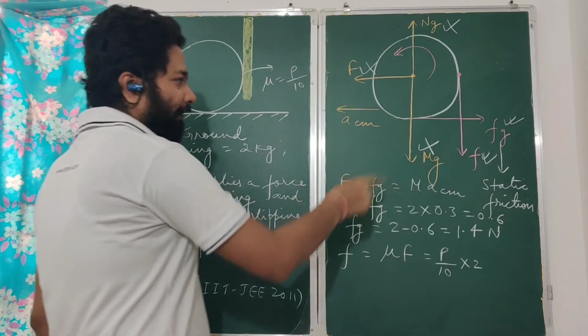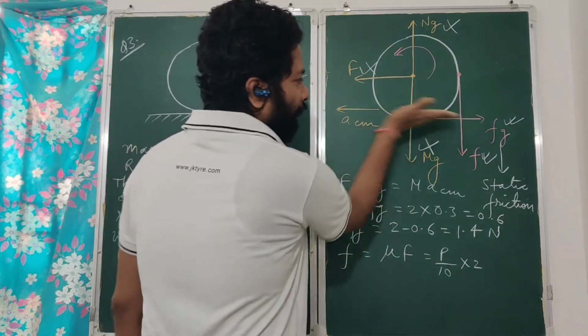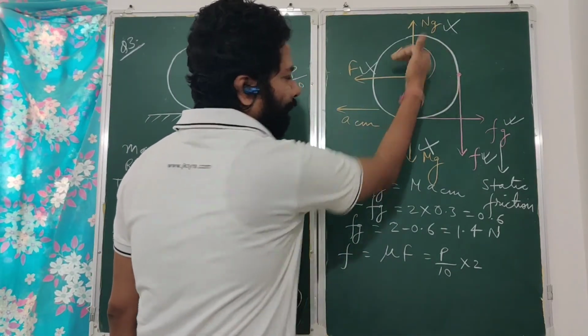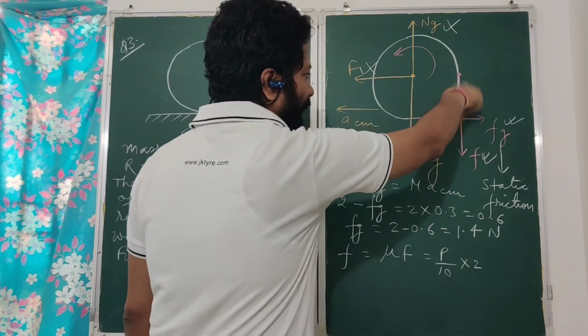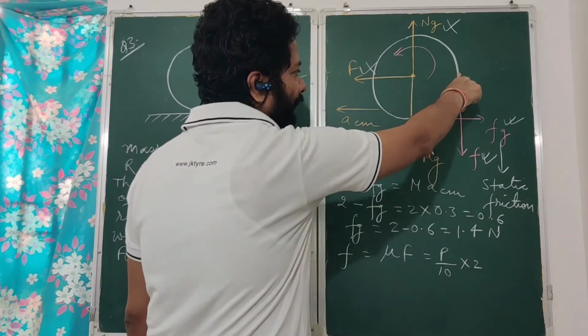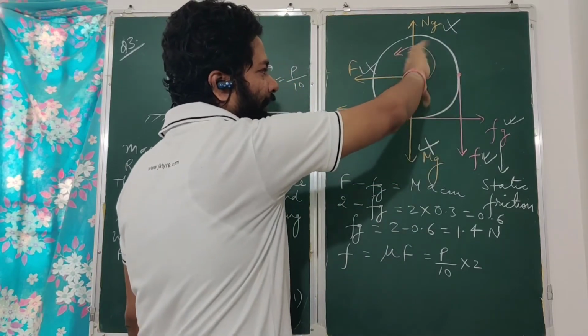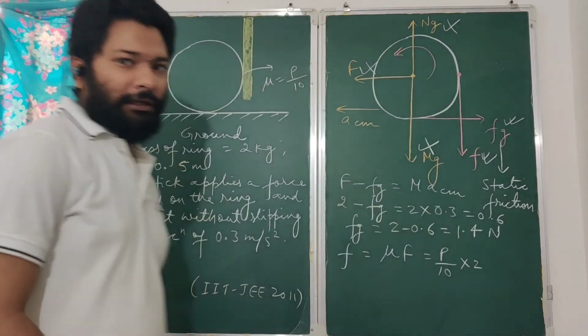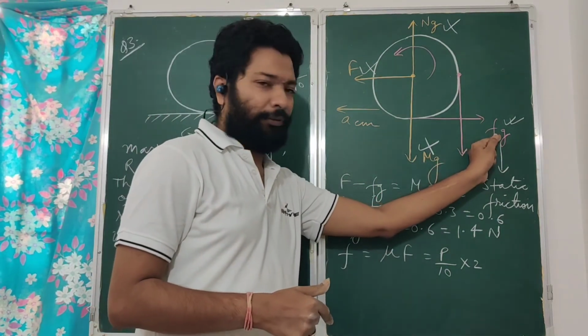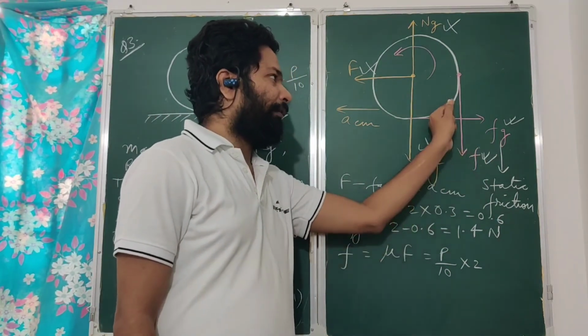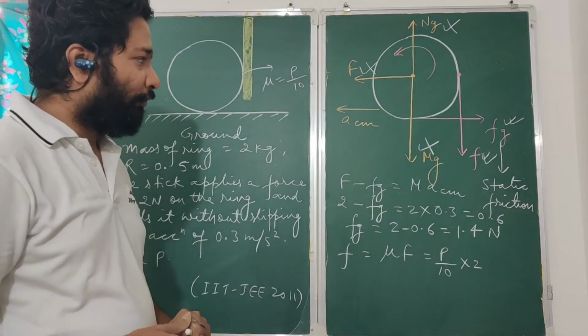You see this frictional force due to ground will try to rotate it anti-clockwise. The frictional force developed between the ring and the stick will try to rotate it in clockwise direction. So the senses of torque created by the frictional force due to ground and the frictional force between ring and stick are opposite.